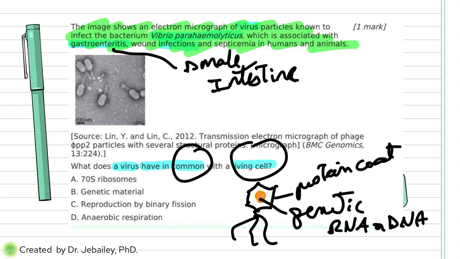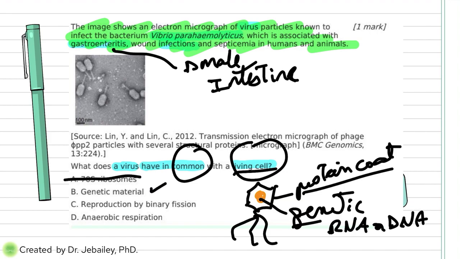So when you see things that are common between them, first, I just told you that a virus is only made of protein and genetic material. So you need to find, does a living cell have protein or genetic material? Yes, it has both. So you have to find in the 4 options something for proteins or for genetic material. So ribosome, a virus does not have ribosome, so it cannot be this one.